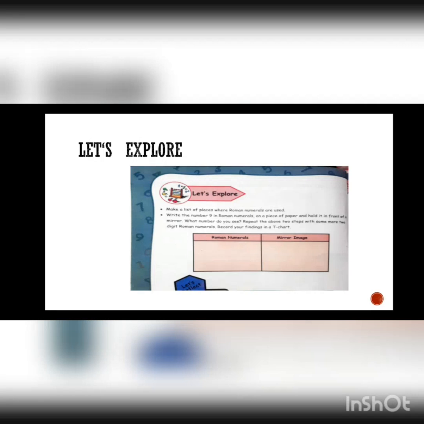What number do you see? Repeat the above 2 steps with some more 2-digit Roman numerals. Record your findings in a T-chart.